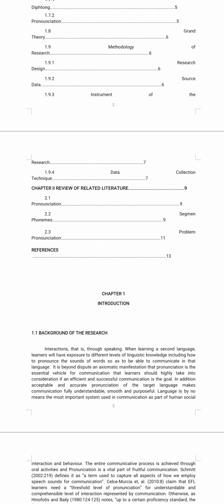It is beyond dispute, an axiomatic manifestation, that pronunciation is the essential vehicle for communication that learners should highly take into consideration if effective and successful communication is the goal.